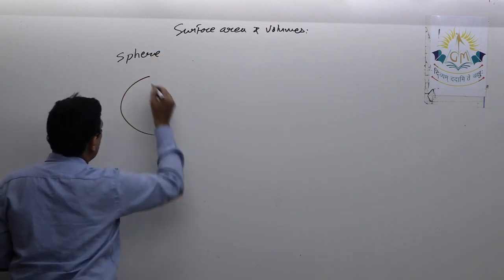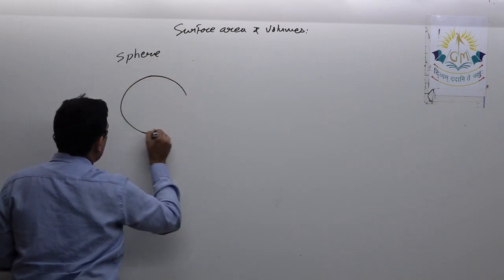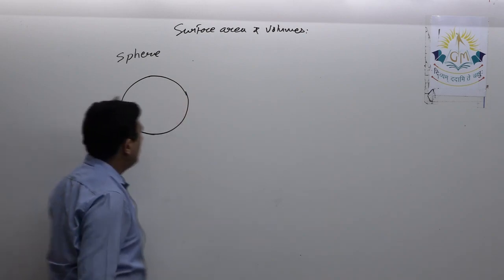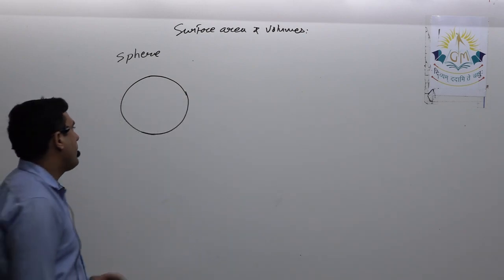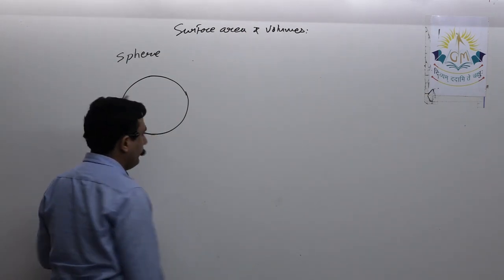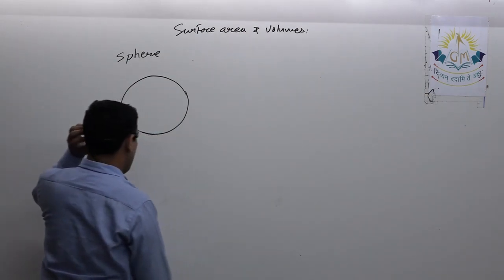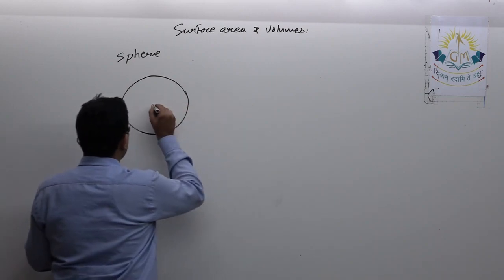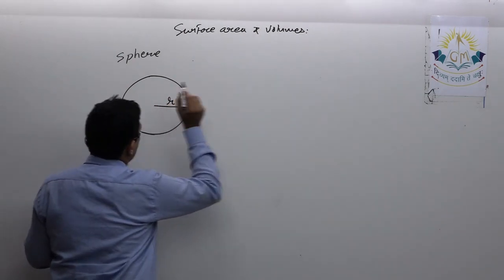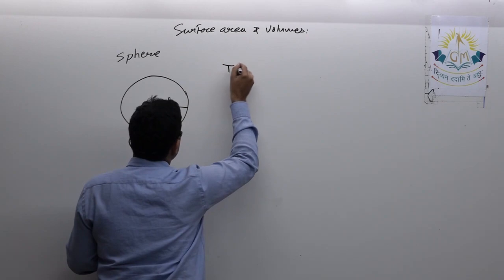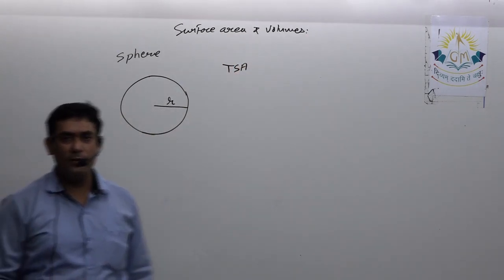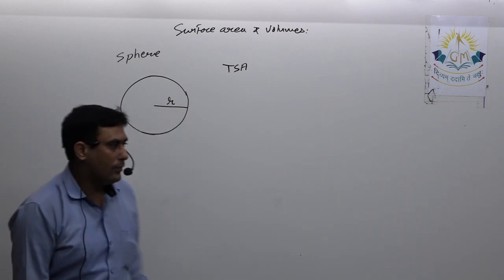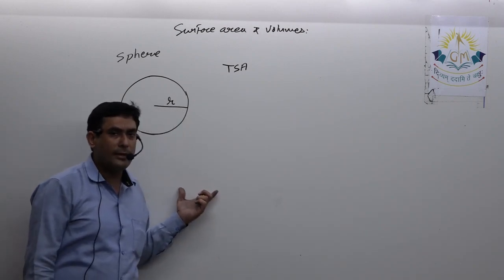Okay, sphere. A very well known example of a sphere is a ball, whether it is a football, cricket ball or volleyball, but obviously not the rugby ball because it is not spherical. Here it has only one dimension, that is radius. So first we'll say TSA. In this case, TSA or CSA is the same thing, because a sphere has only one type of surface.